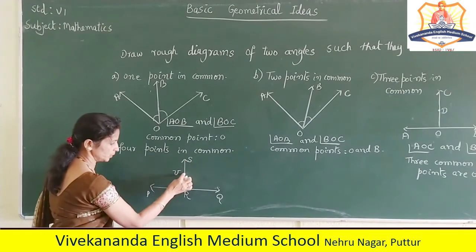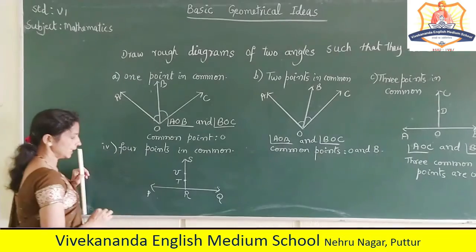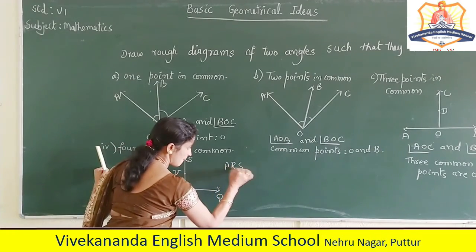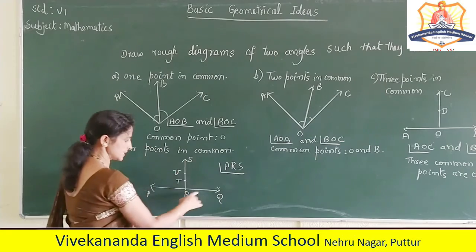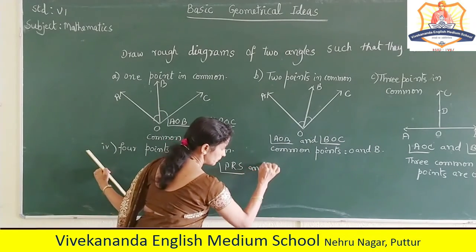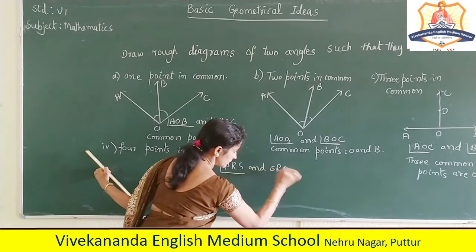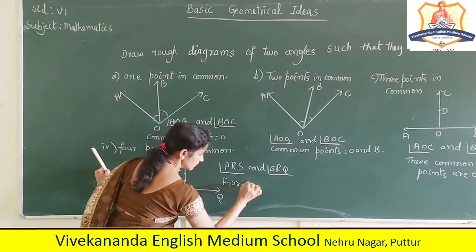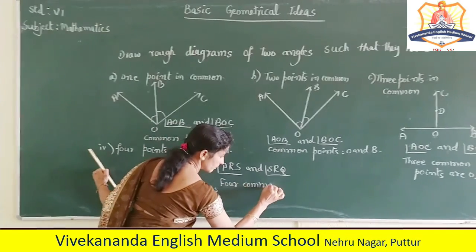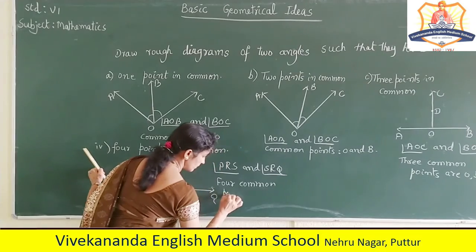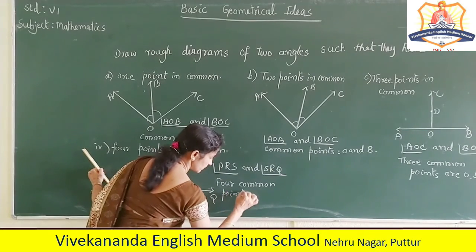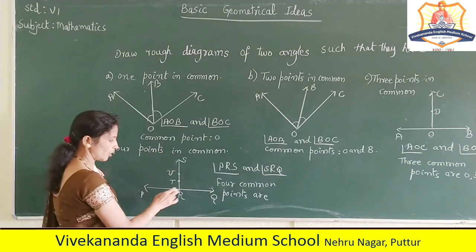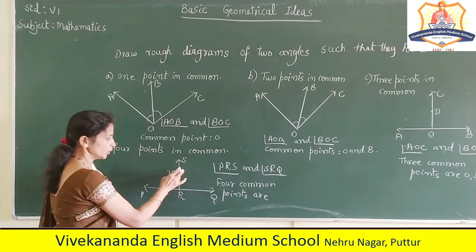Already we have 1, 2, 3, 4. So the angles here are angle PRS and angle SRQ. And the 4 common points for the two angles are R, T, U, S.